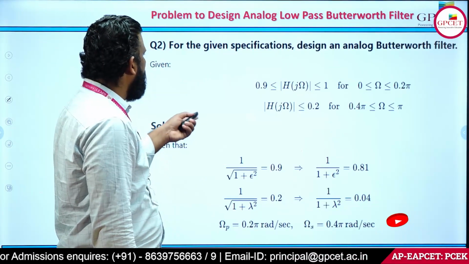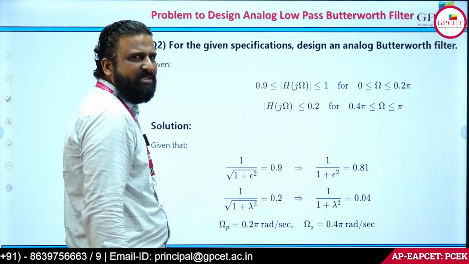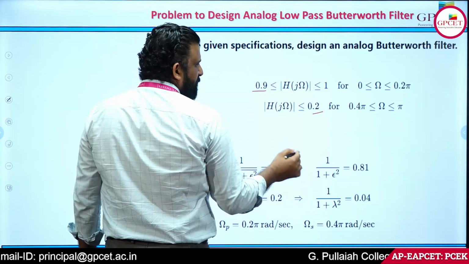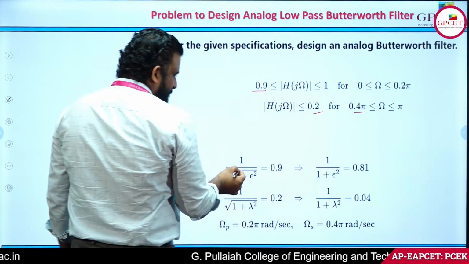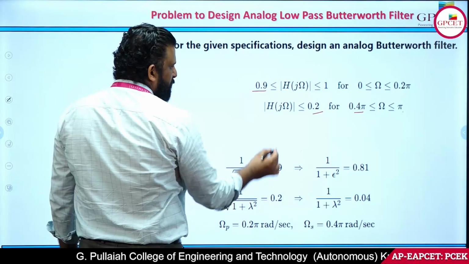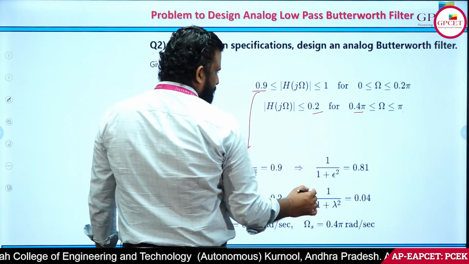Now, if you see the second problem, just consider the specifications. Here the specifications are somewhat different: 0.9, 0.2, and omega 0.2 pi, 0.4 pi. That means we got the value 1 by square root of 1 plus epsilon square is equal to 0.9, and 0.81.